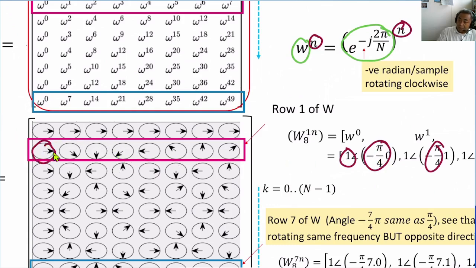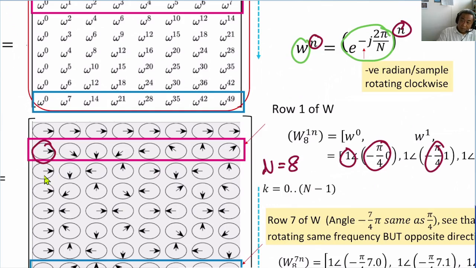Remember, this is along the real axis, making 0 degrees for the first element, making pi over 4 for the second element, because capital N is 8, pi over 2, and it is rotating. Can you see that it looks like the phasor is rotating clockwise, and it moves one round after N samples, and at the 8th sample it will repeat here again.